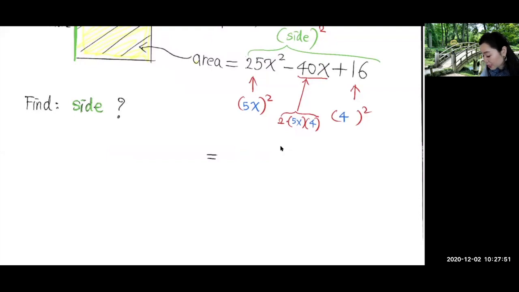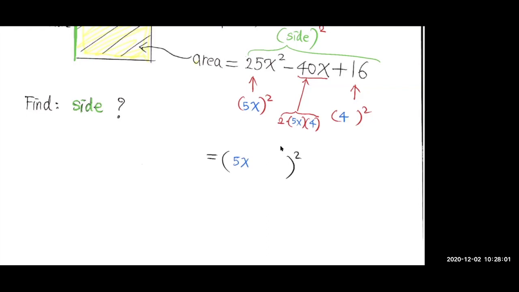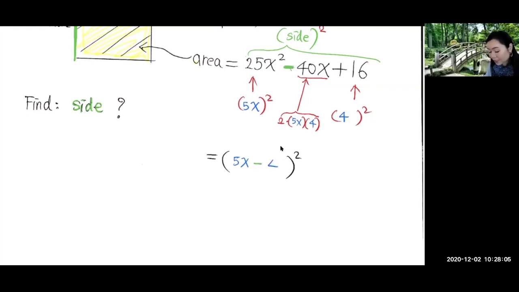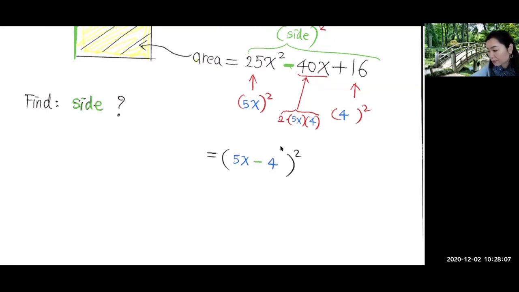So we can write this as a perfect square. It is a perfect square of 5x plus or minus? Minus? Yeah, it's a minus right here. So minus 4 perfect square. To answer the question, the side is 5x minus 4.